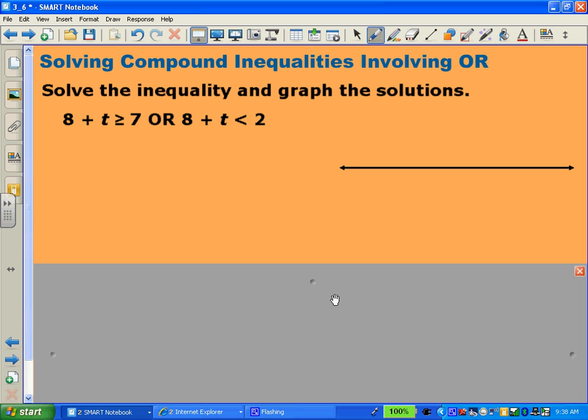Now let's look at the ones that involve or. So these are easy to spot, okay? And the reason is they have the word or in them. See this here? So if you see the word or, you know right away it's an or inequality. So here, again, I have two inequalities. This one on the left, this one on the right.